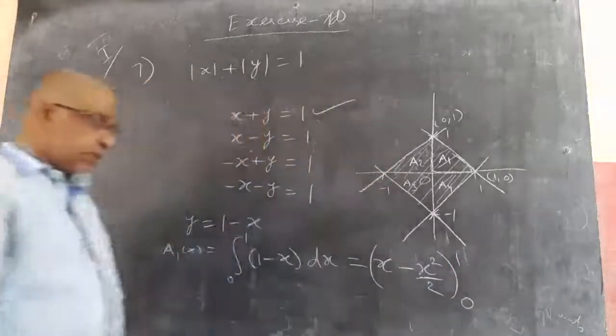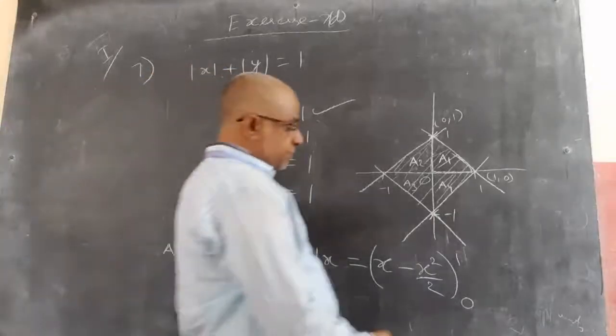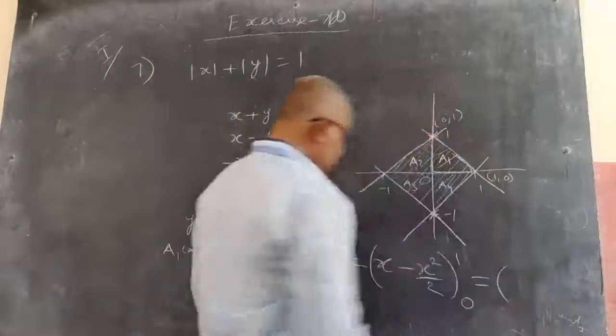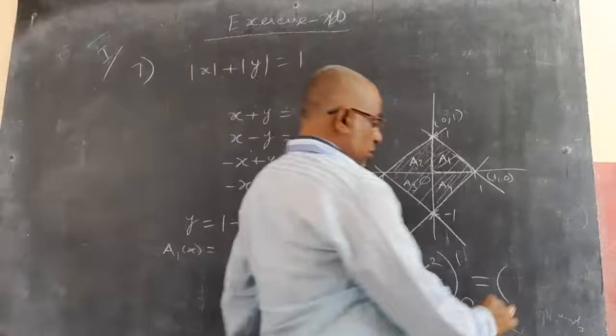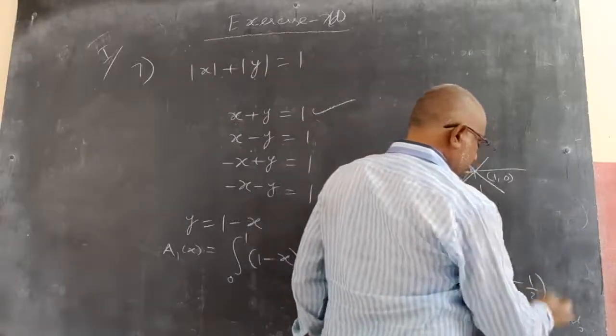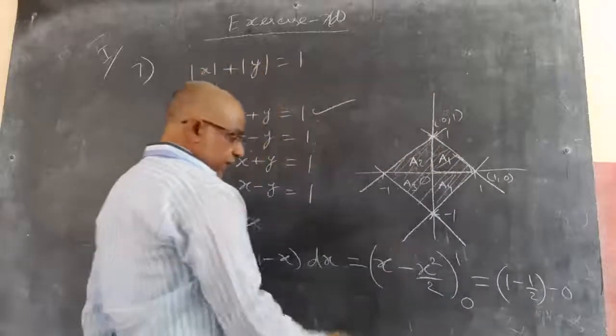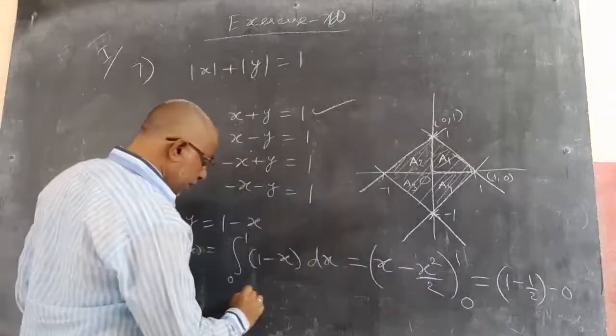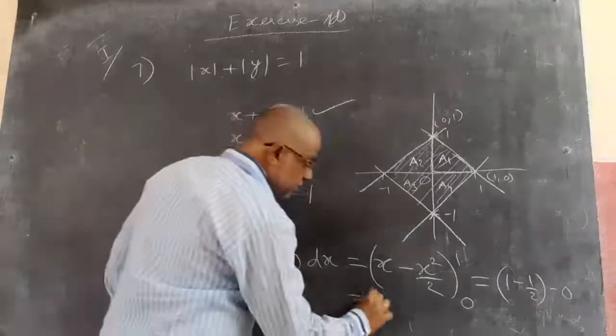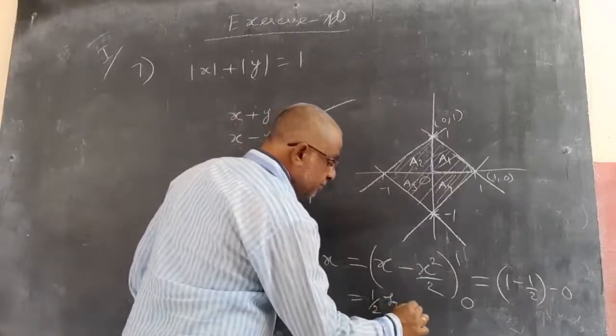Now if I substitute the upper limit, 1 minus 1 by 2; the lower limit is 0 anyhow, no need to substitute. So that is 1 minus 1 by 2, equal to 1 by 2 square units.